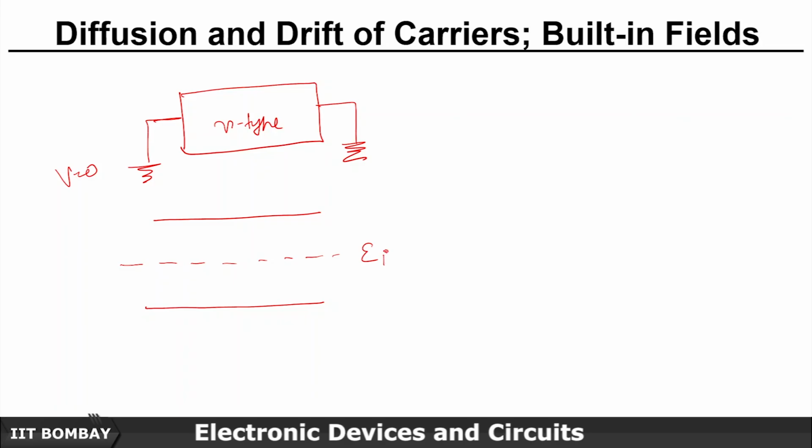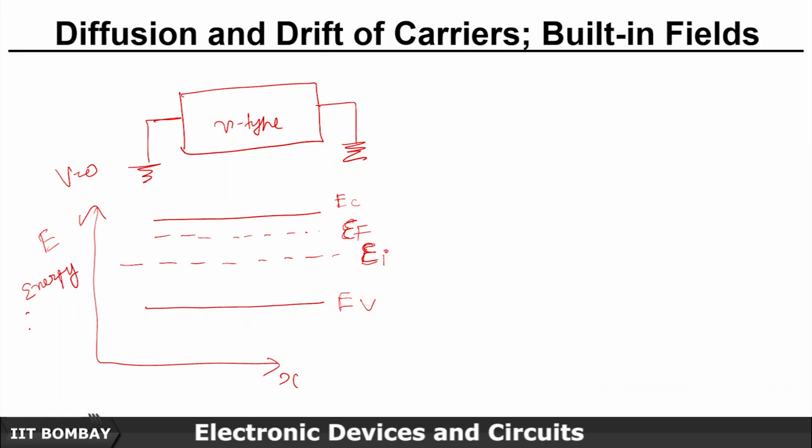This is E_i, and this is your Fermi energy level. Since it is an N-type semiconductor, the Fermi energy level is close to the conduction band. This is E_C, this is E_V, and this is x, and this is energy, more precisely, electron energy.